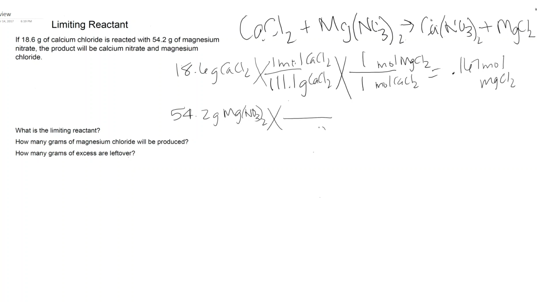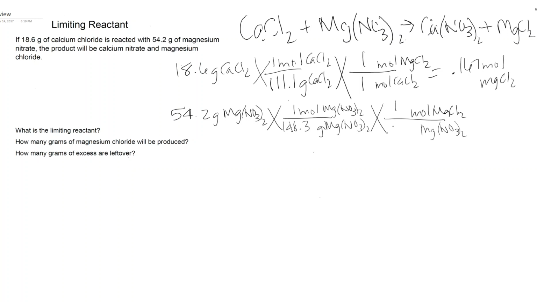We use the molar mass of magnesium nitrate, which is 148.3 grams per 1 mole, and then convert moles of MgNO3 to moles of magnesium chloride.